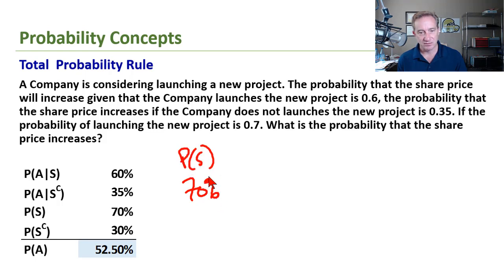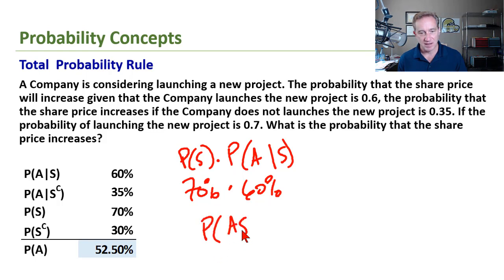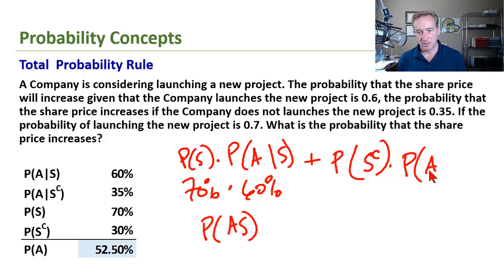That's probability of S, multiplied by probability of share price given the project launch of 60%, because this here gives us the joint probability of A and S, but we then need to add the complement multiplied by the probability of the share price if we don't launch the project.